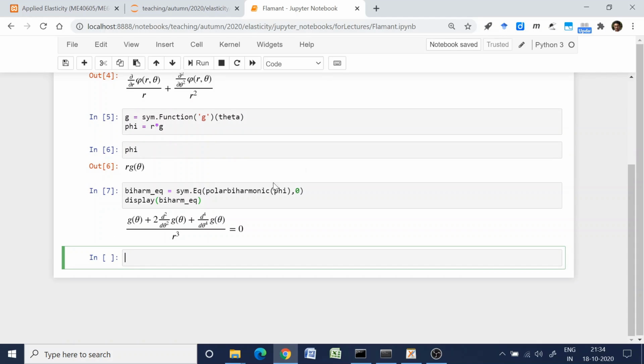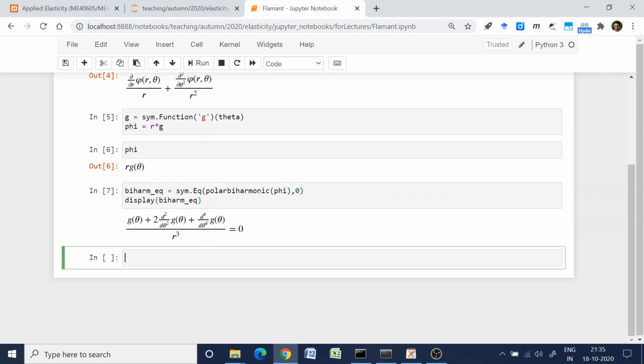So you see, it is such a nice thing. If you had done this by hand, this 1 by r cube on the left hand side, which is common in all the terms, you would have simply cut out, and all that would have remained is this nice ordinary differential equation containing the various derivatives of g theta, and of course this g theta term itself.